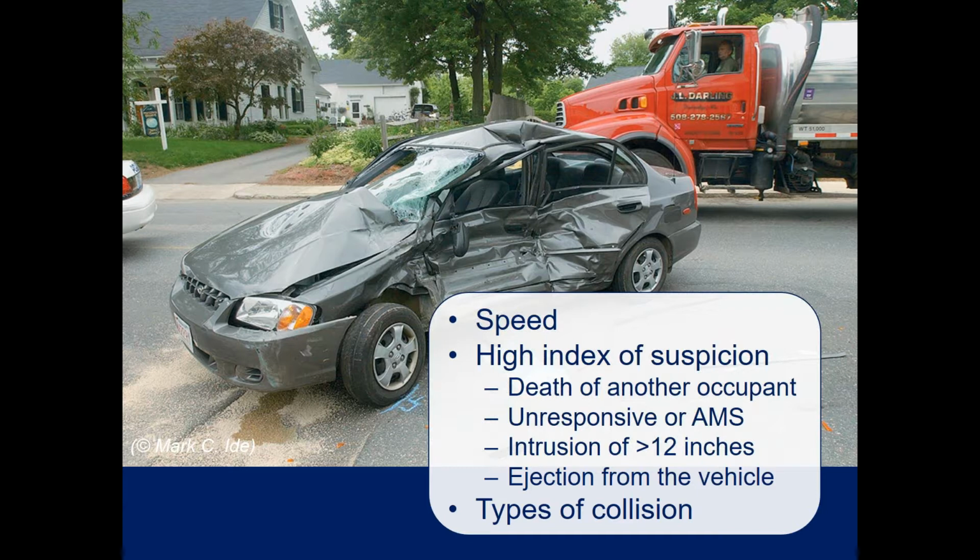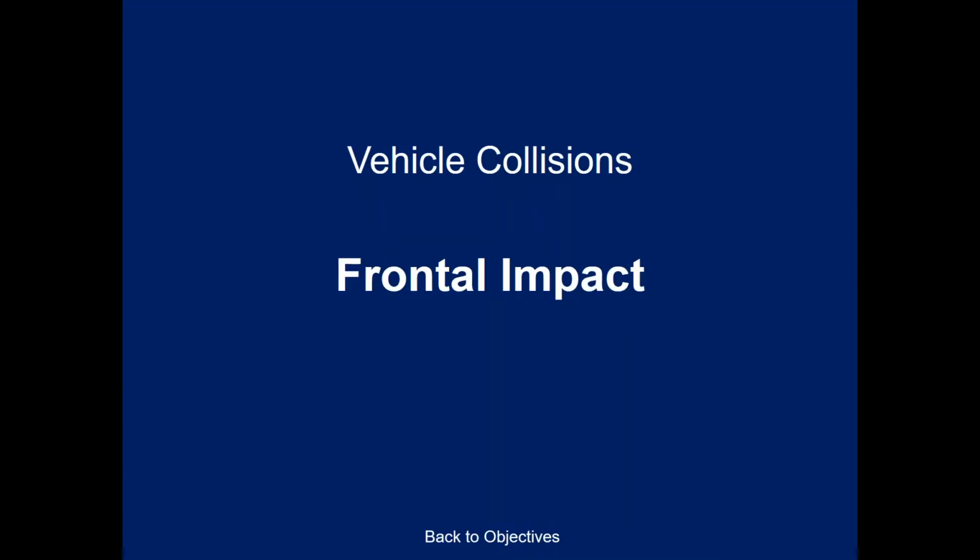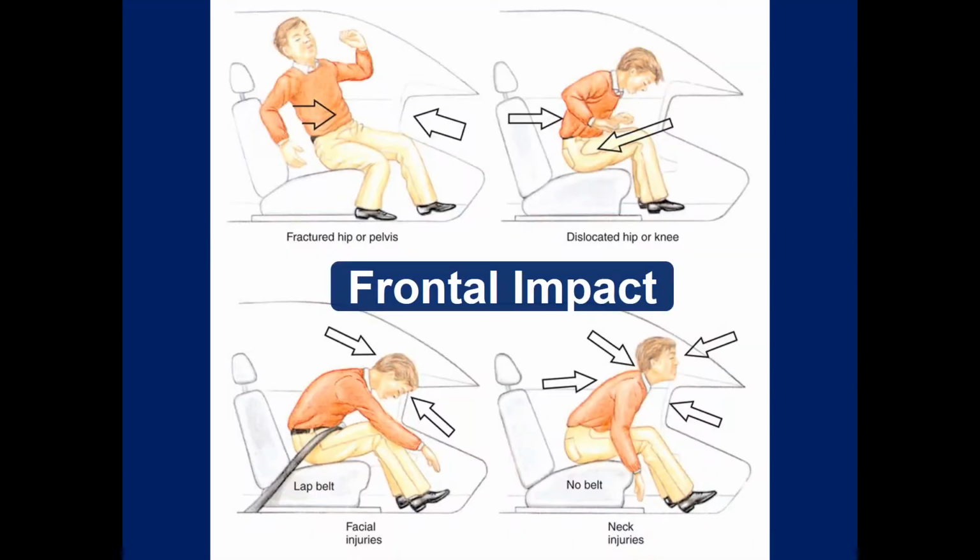We have very different types of car collisions, so we can predict injury patterns based on what type of crash it was. A frontal impact, especially a frontal unrestrained impact, we expect head injuries.